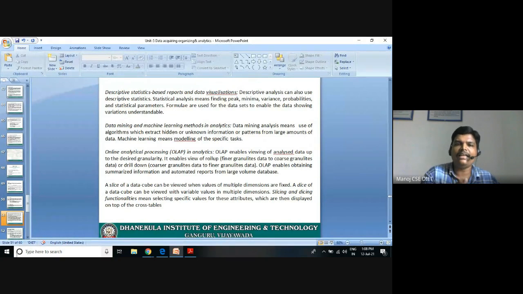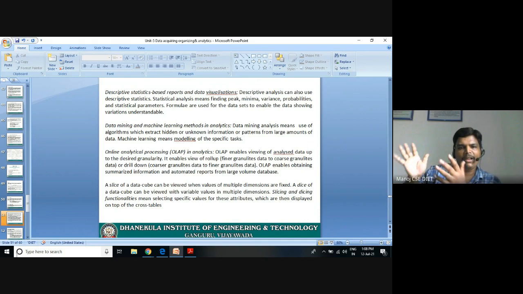Here data mining and machine learning methods are also used in analytics. Data mining analysis means the use of algorithms for the extraction of hidden, unknown facts or information. There we are using algorithms to find patterns from large amounts of data, doing analytics on a large bulk of data.